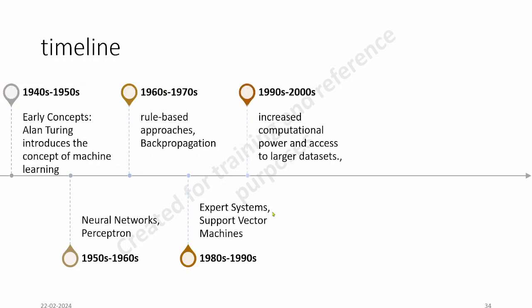In the 1990s and 2000s, with more and more computation power and also the availability of data sets and the ability to process lots of data, there was a time when the IT revolution really happened in terms of storage and computational power.